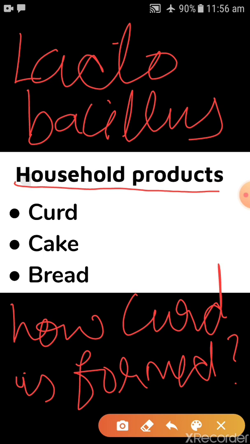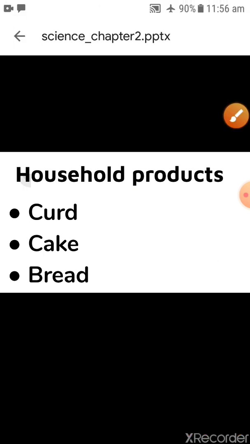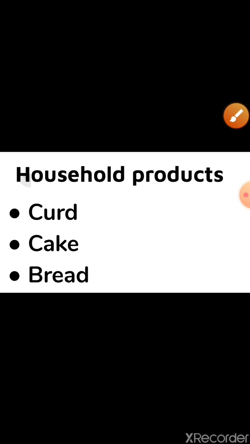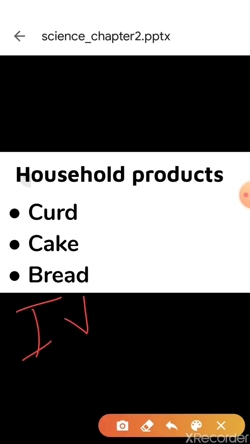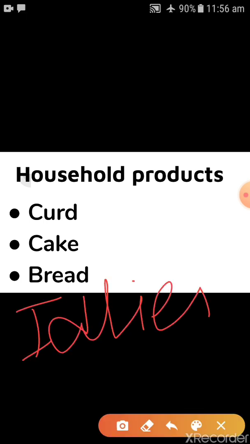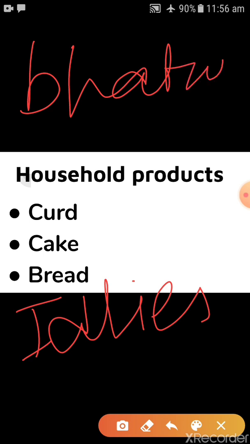Bacteria are also involved in making cheese, pickles, and many other food items. An important ingredient for making idlis. You all like idlis, children? If we want to make idlis and bhaturas at home, the important ingredient is curd. Can you guess why?